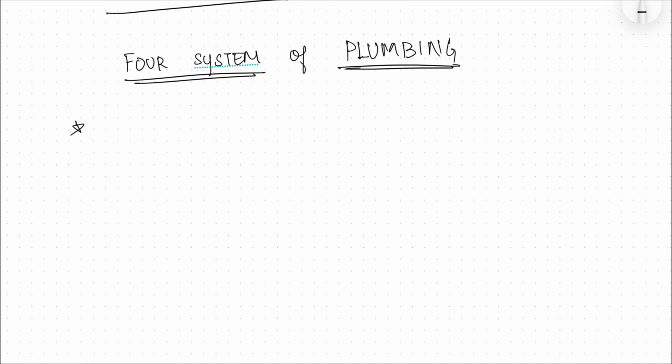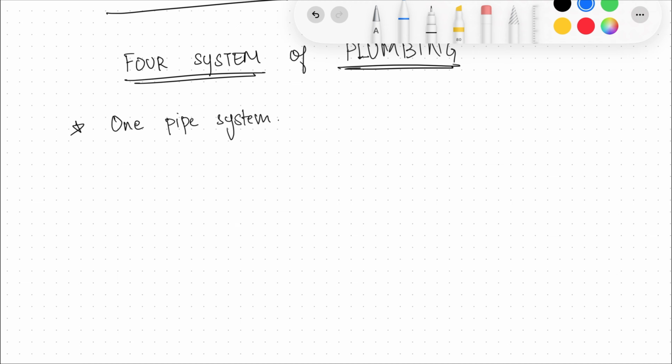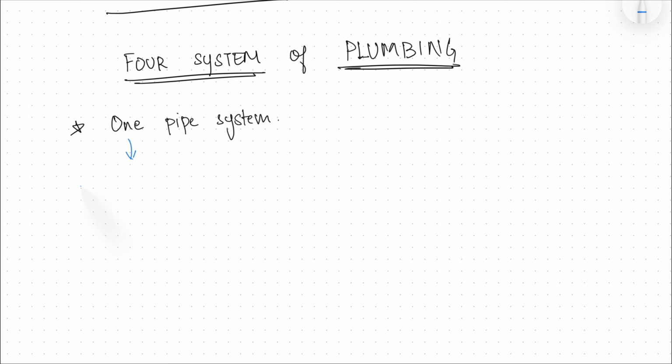You have one pipe system. So in one pipe system, you use one pipe for the soil waste, the water waste from all appliances, and one pipe provides ventilation for everything, like all fixtures, even your wash basin, everything is provided ventilation.